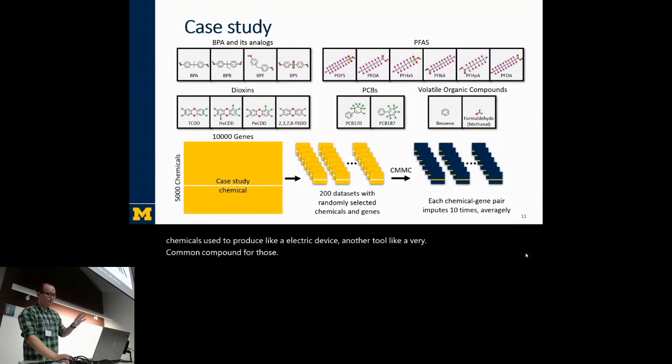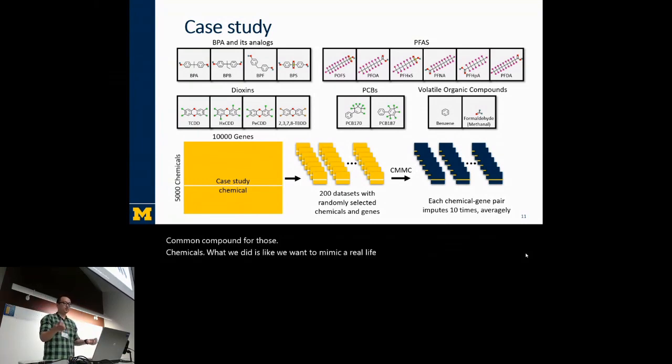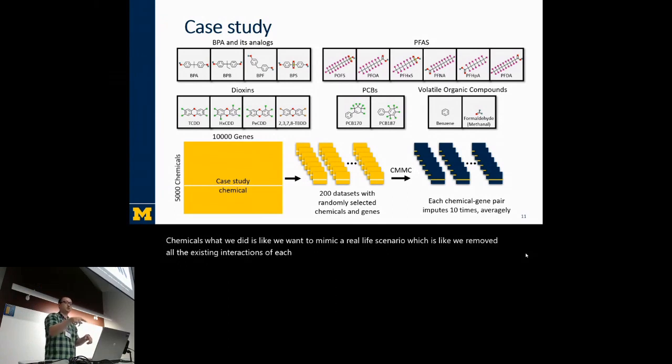For those chemicals, we want to mimic a real-life scenario, so we removed all the existing interactions of each of those chemicals in the huge data here, like 5,000 chemicals and 10,000 genes.